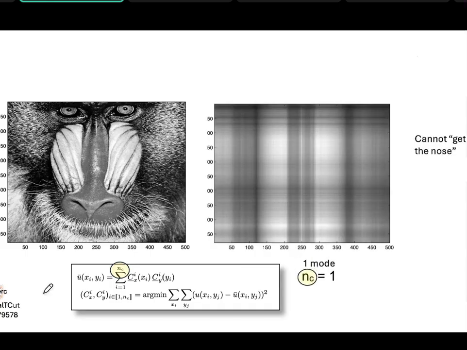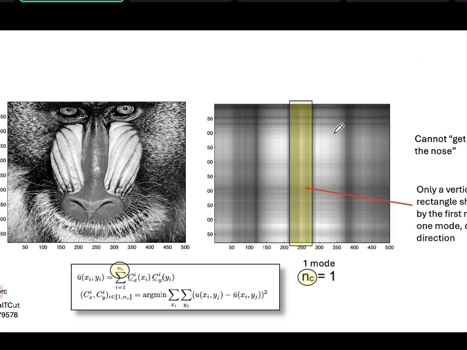So what do we get if we get one mode? Well, we compress the image, but we really compress it a lot. And you can see that certain features that we would like to have, so for example, that nose, which looks pretty much like a hammer, that nose you cannot get here because all the lines are vertical and you do not see the delineation of that nose. You see mainly vertical lines. You see a few horizontal lines, but you see mainly vertical lines. Now, this is only what you see. You cannot see anything else.